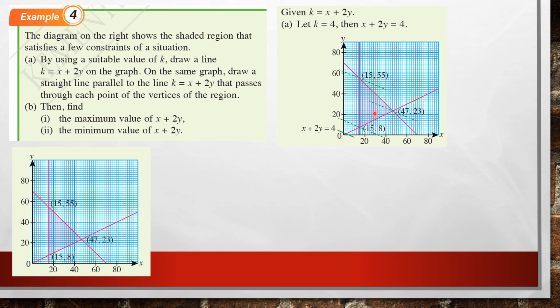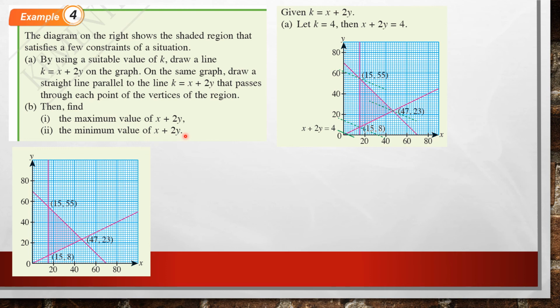Then going up, it will touch 47, 23. Then 15, 55. So here, on the same graph, draw a straight line. We already drew the straight line by substituting k equal to 4. Then they ask to find the maximum value of x plus 2y and the minimum value of x plus 2y.